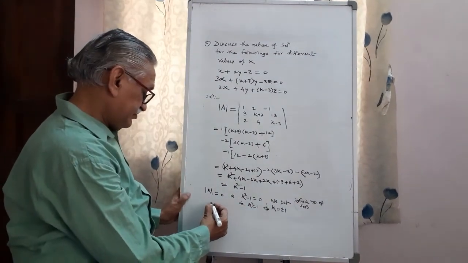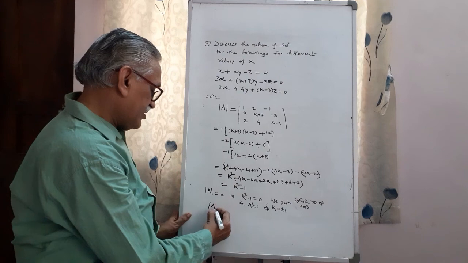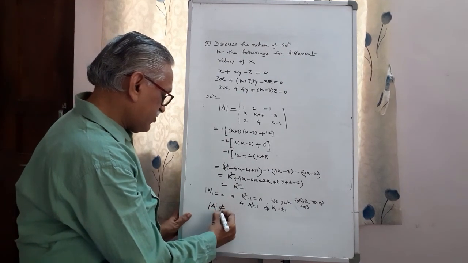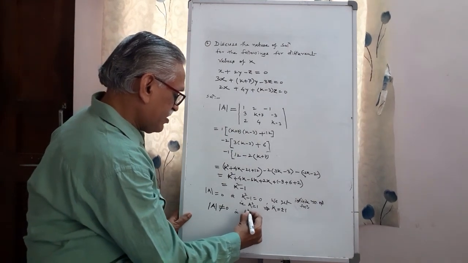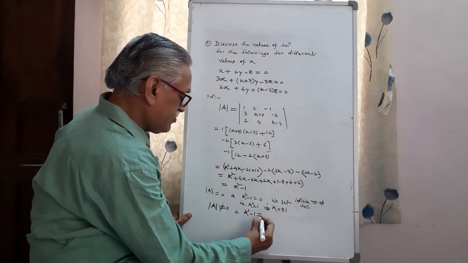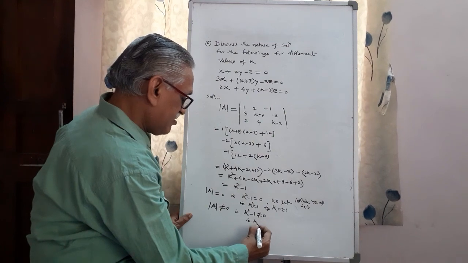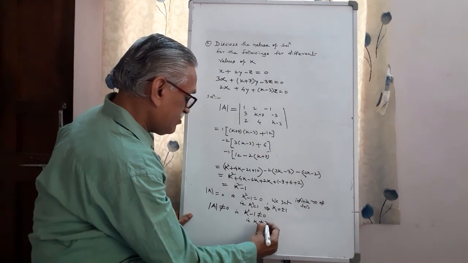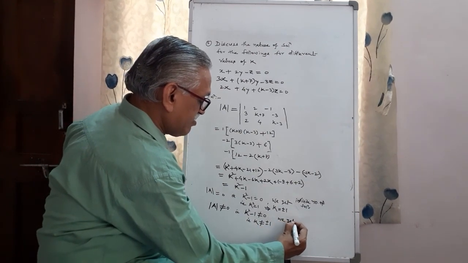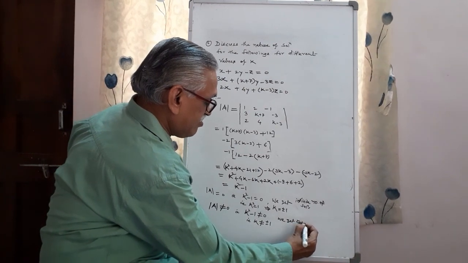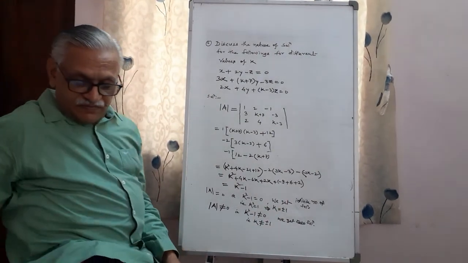Then second, if determinant of A is not equal to 0, that is k square minus 1 is not equal to 0, that is k is not equal to plus minus 1, we get the zero solution.